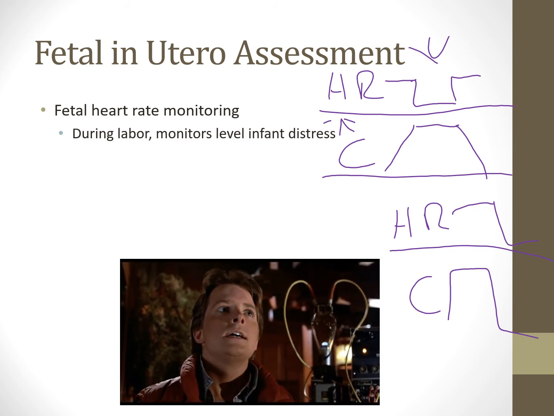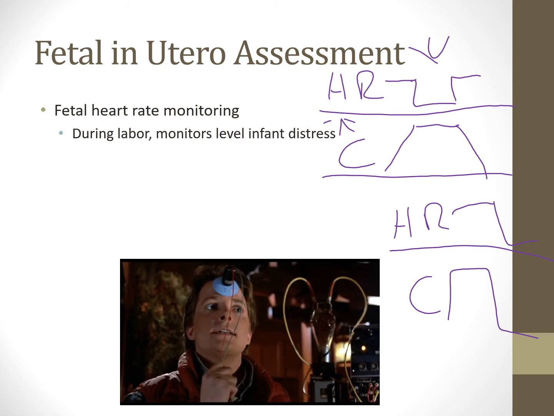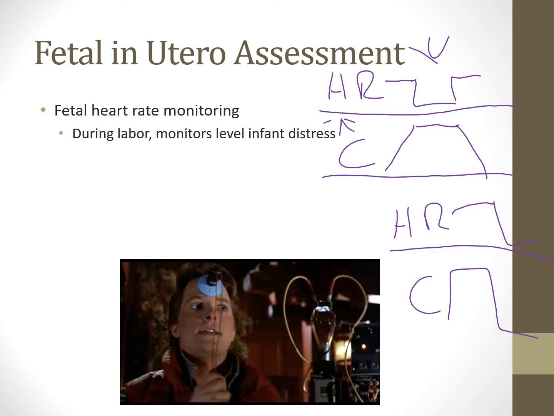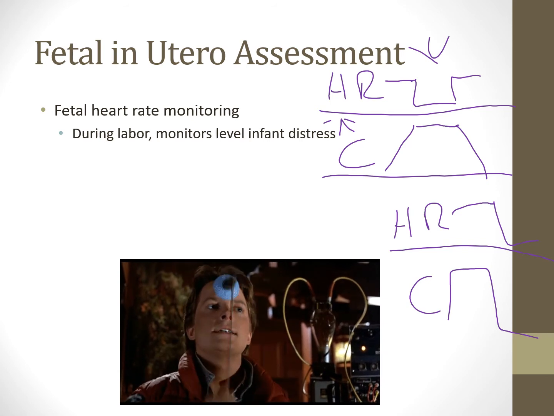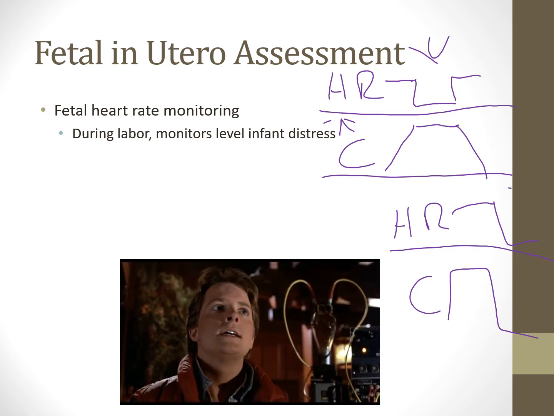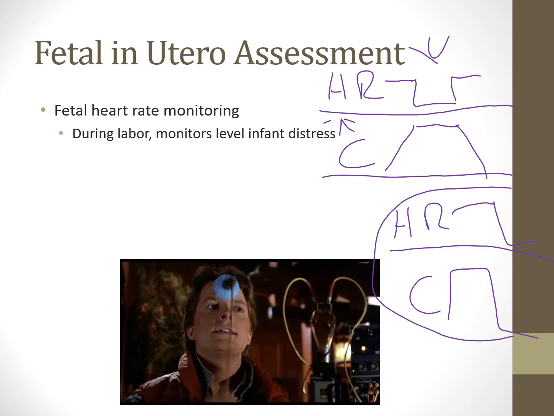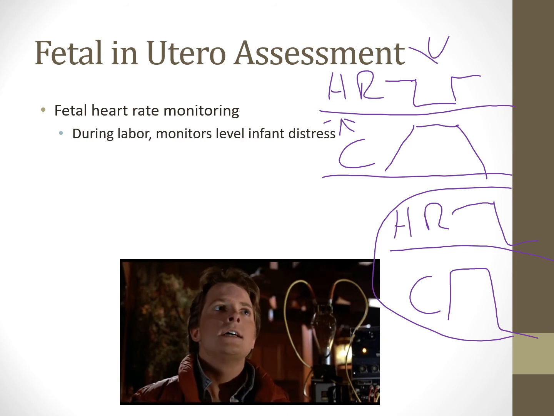That's going to tell us that there could be a placenta issue, there could be a uterus issue, there could be a cord issue, right, where the cord is compressed. So when you start to see those late and variable decels, which is what's happening in this sort of situation, that means to put mom on oxygen.